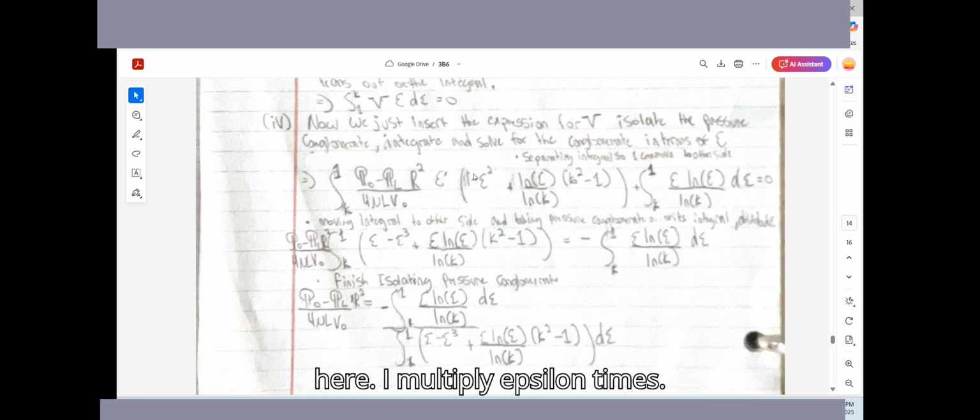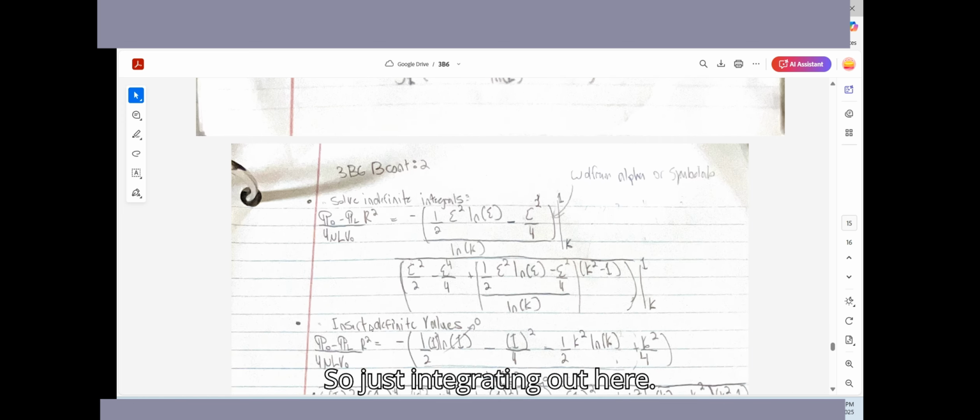Here, I put this epsilon into the parenthesis, so I'm just skipping a step. Subtracting because it's going to the side of 0. And then we divide by this integral, and we get this. So just integrating out here.